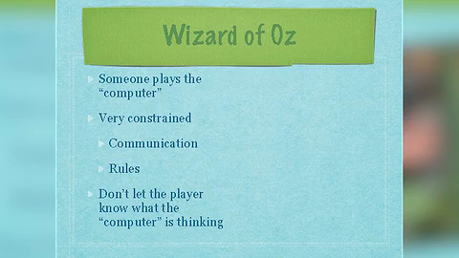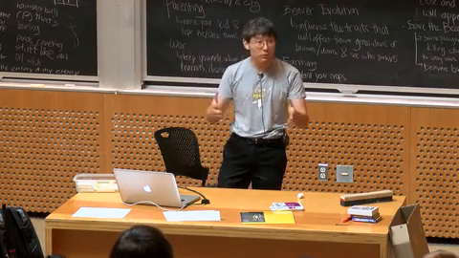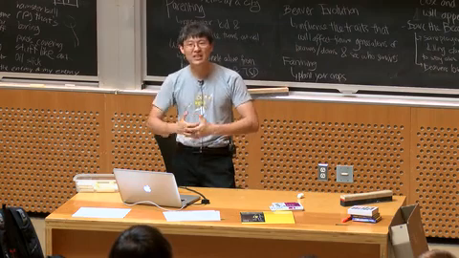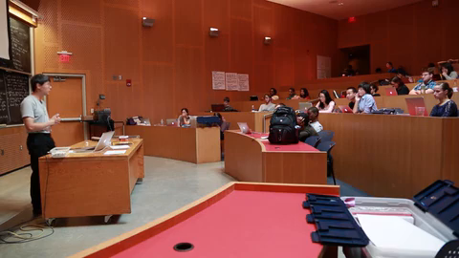What we're going to be doing is a Wizard of Oz test for your games, and that is someone's playing the computer. It's very constrained in terms of communication between the computer and the person who's testing your game. The rules are usually pretty rigid, and the nice thing about it is that you can do a pretty deep analysis of your game.